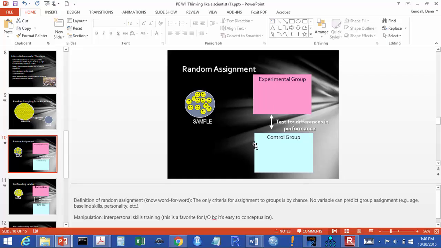And that means no variable, no characteristic of these people can predict which group they're assigned to. So this means that age, baseline skills, any skills that they come to the table with before they get into the study, their personality, individual difference variables, none of those things can predict where they go. Okay, so that's random assignment.